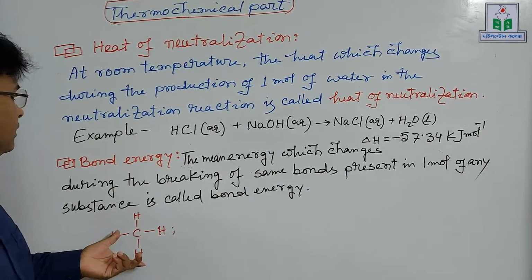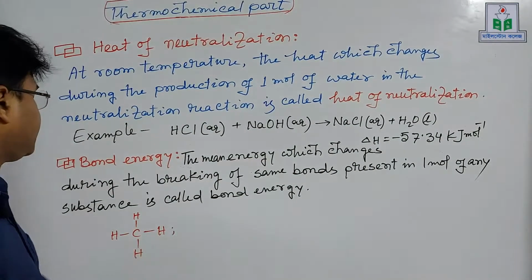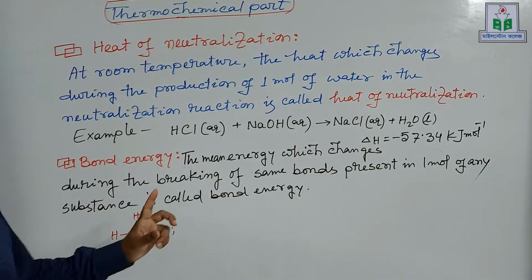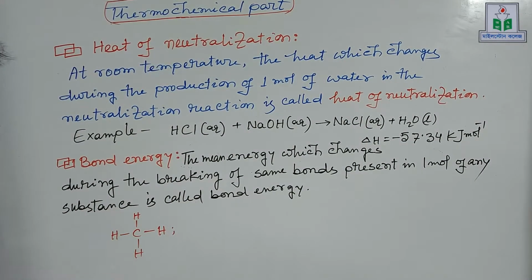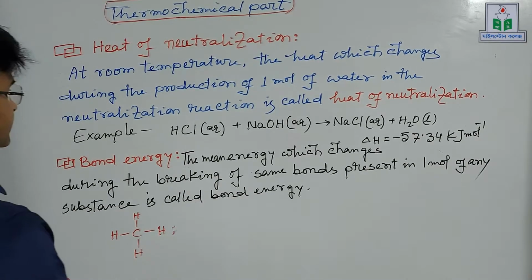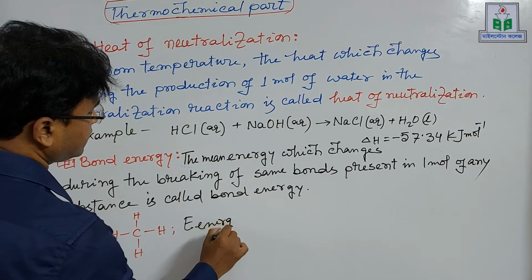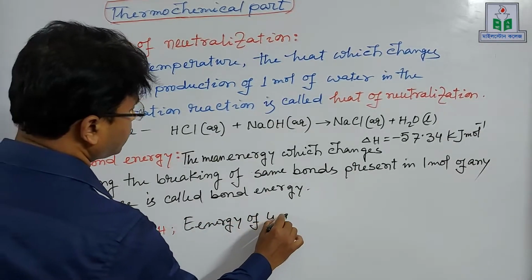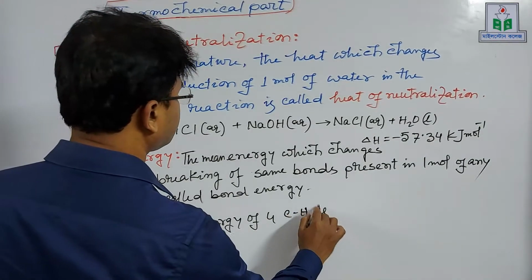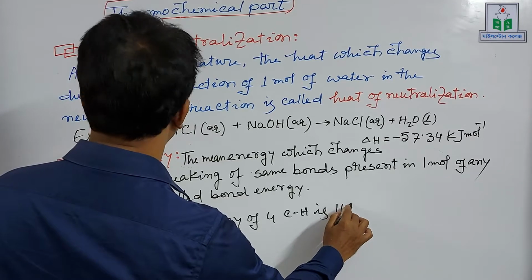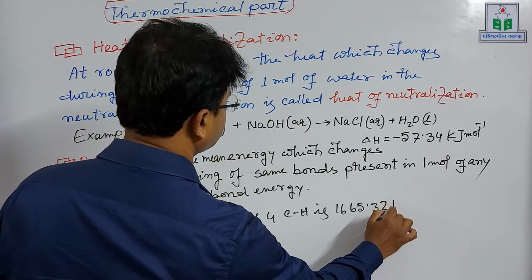And again, bond energy. Dear students, now I would like to show you first an example, that is methane. You know that one carbon atom is bonded with 4 hydrogen atoms, and the total energy of the 4 carbon-hydrogen bonds is 1665.32 kilojoule.